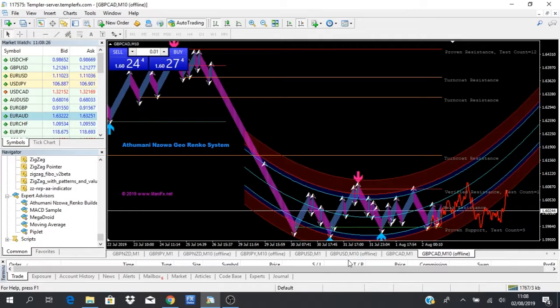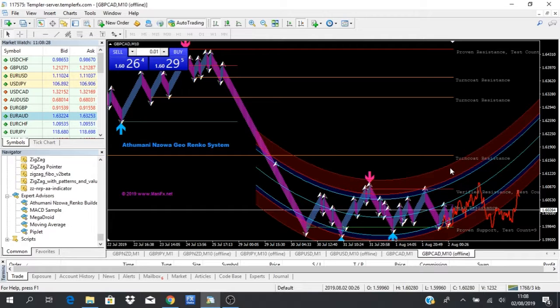Okay, so let's say that this trend suddenly starts going down. It means that this curve, which is curved downward, will reach a point whereby the shape will now be in the form of N, because an upward move is in the form of U, and when the market starts going down, it's going to be in the form of N. From that moment we will consider only the sell positions.